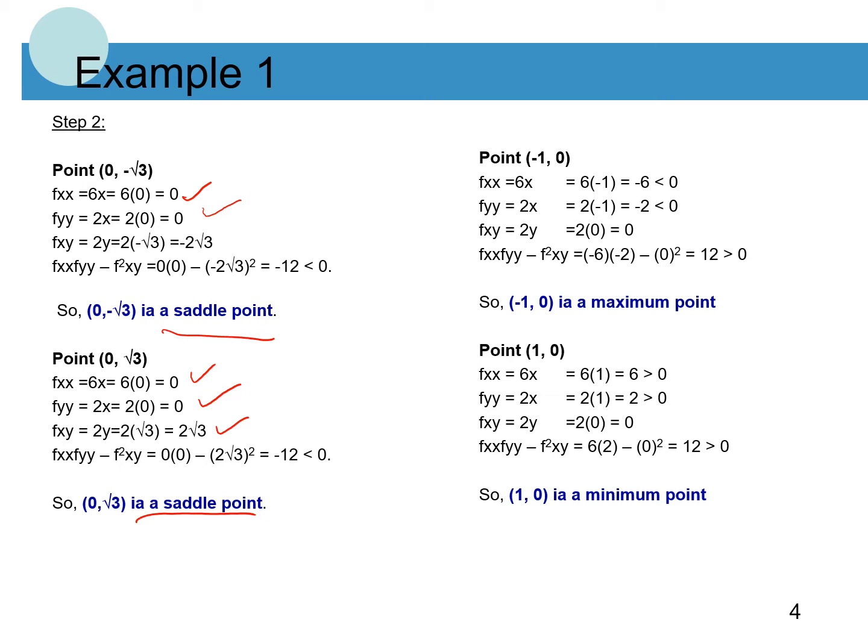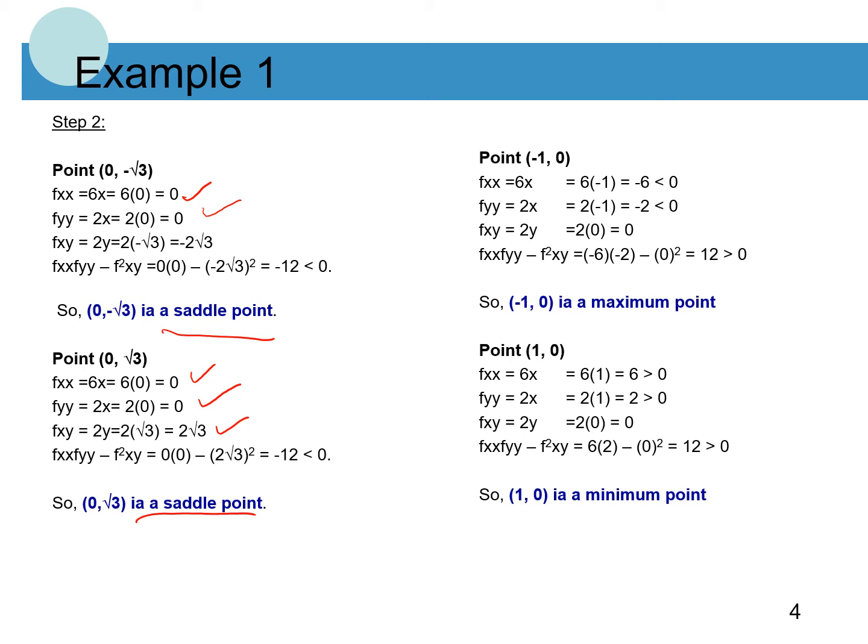Then we test fxx fyy minus (fxy) squared: fxx just now is -6 multiplied by fyy that is -2, then minus the square of the fxy, therefore we have 0 squared, then it is equal to 12, that is greater than 0. Then we found that (-1, 0) is a maximum point.